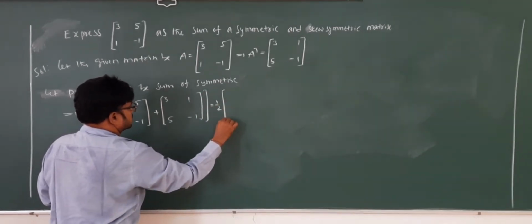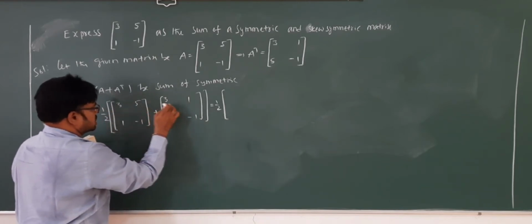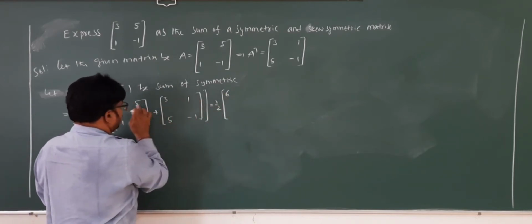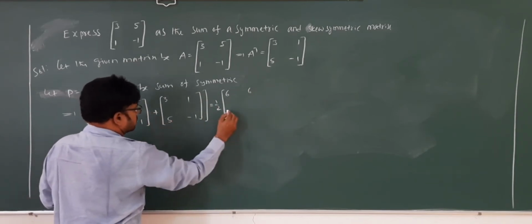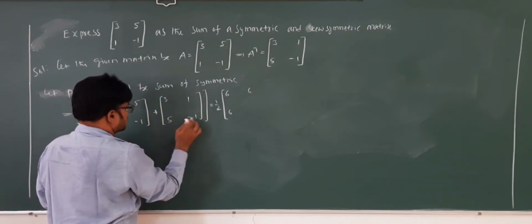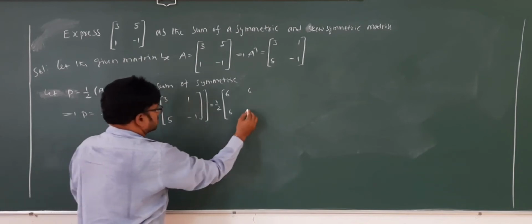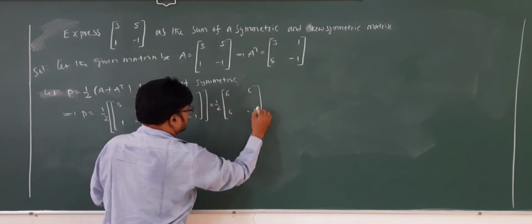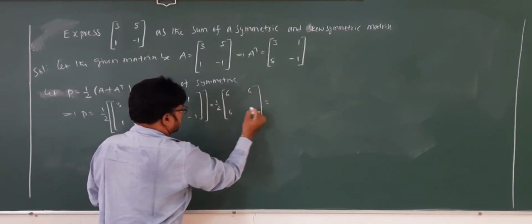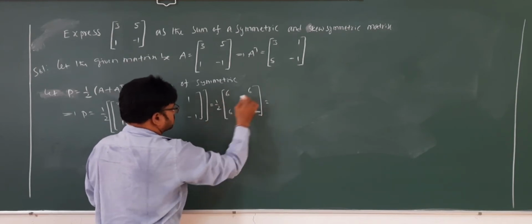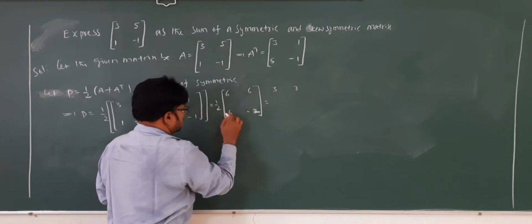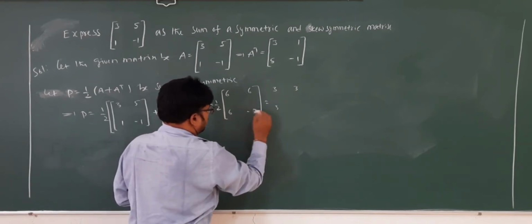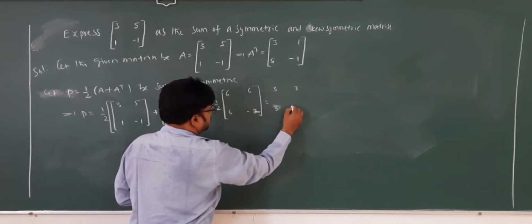Now this matrix is 3 plus 3 is 6, 5 plus 1 is 6, 1 plus 5 is 6, and -1 minus 1 is -2. On multiplication with 1/2, 6 by 2 is 3, here also 3, 3, and this value is -1.